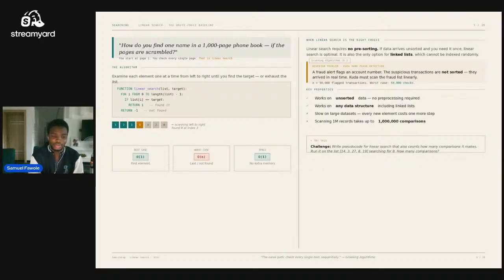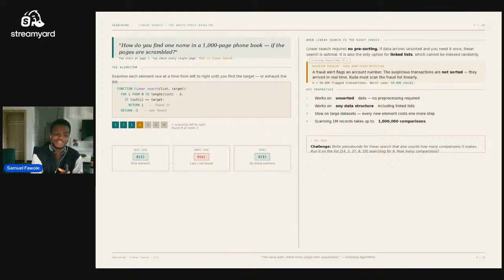For i from 0 to length of the list minus 1, we are using a zero index, which is what most programs use. So something at position 0, something at position n minus 1, where n is the length of the list. If list[i] is equal to target, return i, else return minus 1, and then you keep doing that. And so worst case, it will take you length of the list amount of steps, which is n.